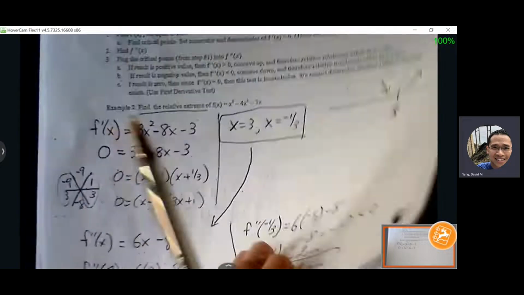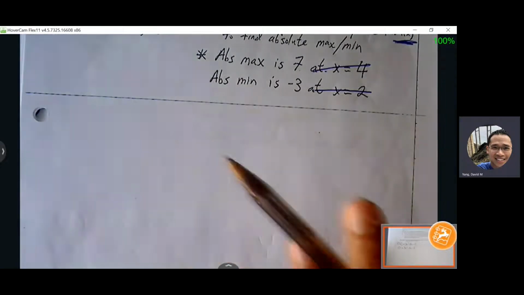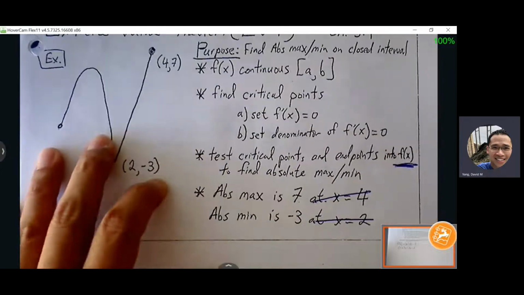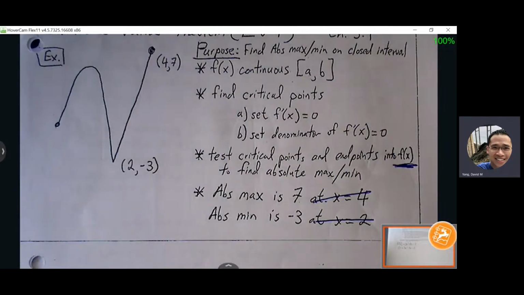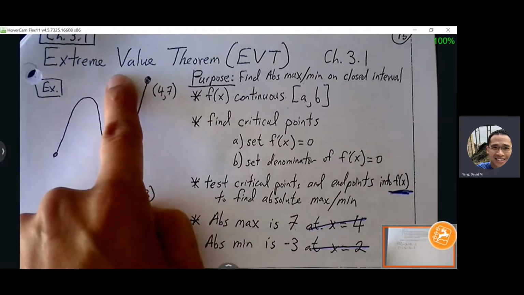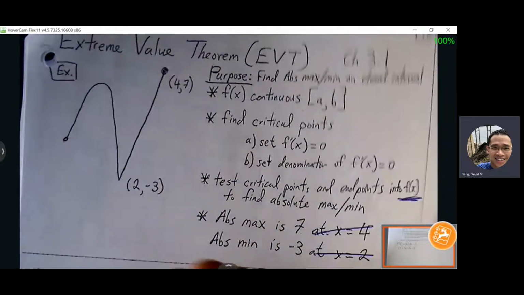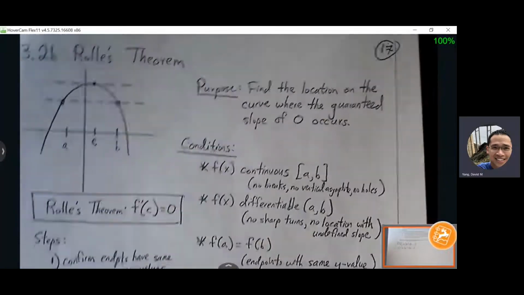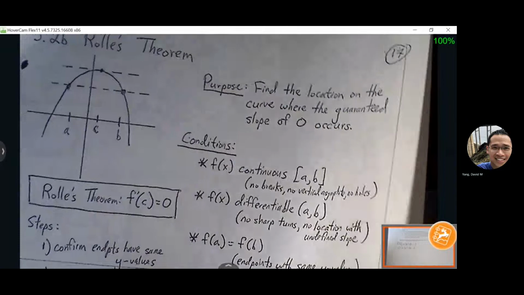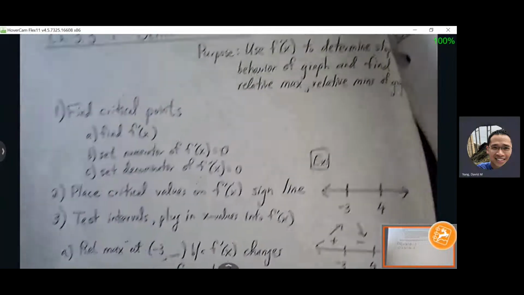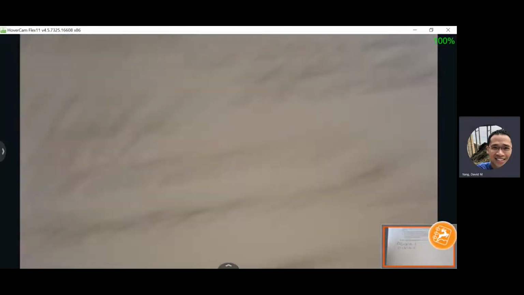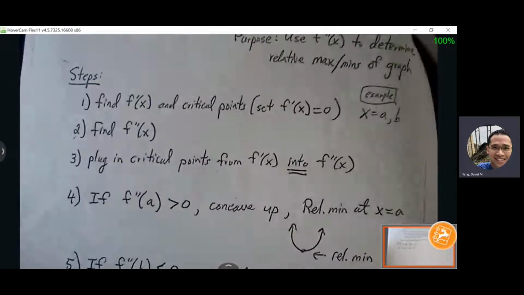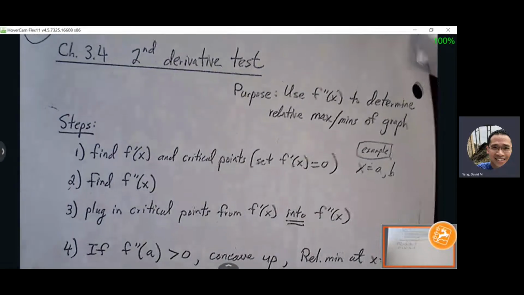Okay. As we turn to pages 15 through 19, these are summaries of the theorems and the topics that we've done. So I have a summary sheet for extreme value theorem, for mean value theorem, for Rolle's theorem, first derivative test, test for concavity, which we just did, and then the second derivative test, which is testing for max and min using the second derivative.